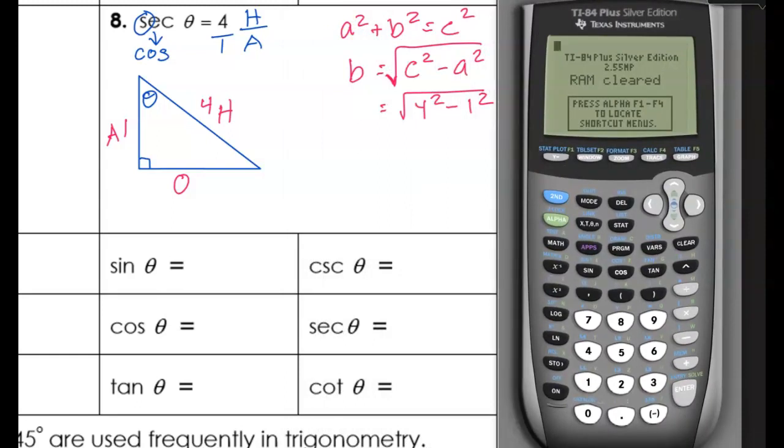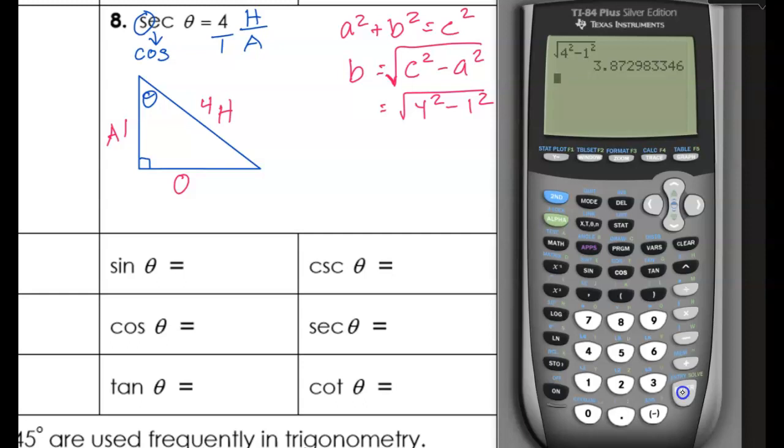Okay, so in my calculator, I just put this whole thing, the square root of the hypotenuse squared minus the leg squared, and you get the other leg. Oh, because it gave me a decimal and not a whole number, we always want to leave things in simplest radical form.